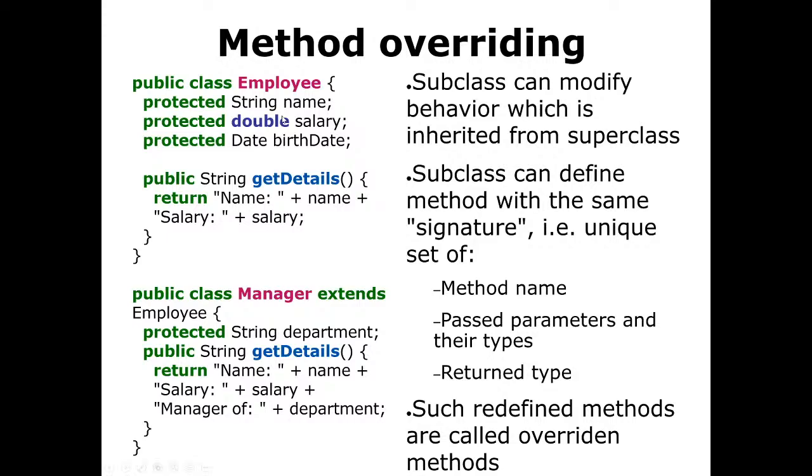It's from the current slide. Then, with overriding, I just showed you the example. In general, a subclass can modify behavior which is inherited from the superclass, right? The subclass can define a method with the same unique signature: method name, parameters, types, and return types.